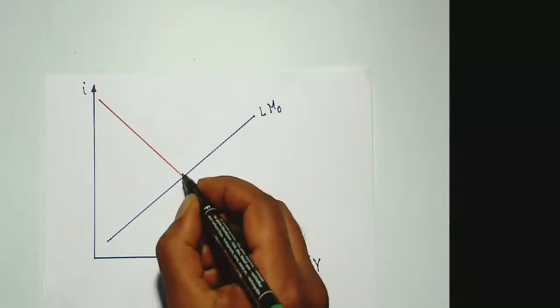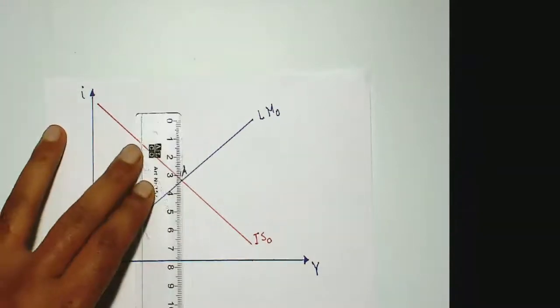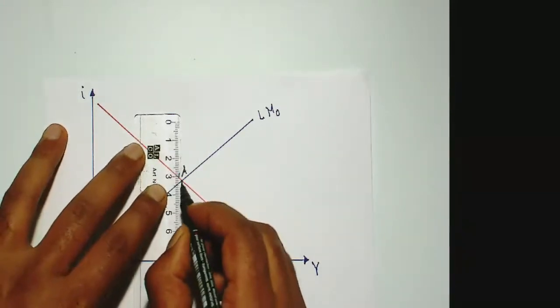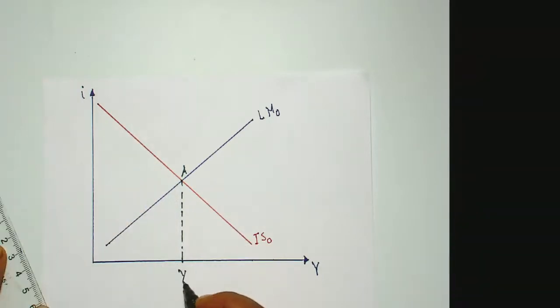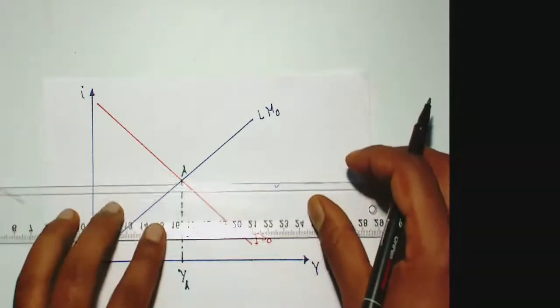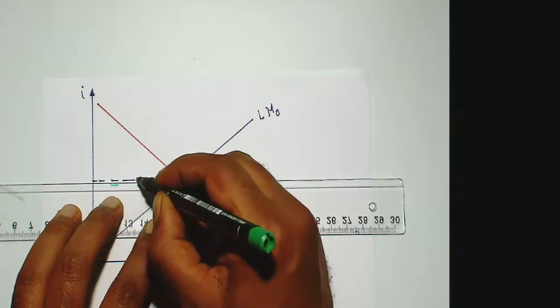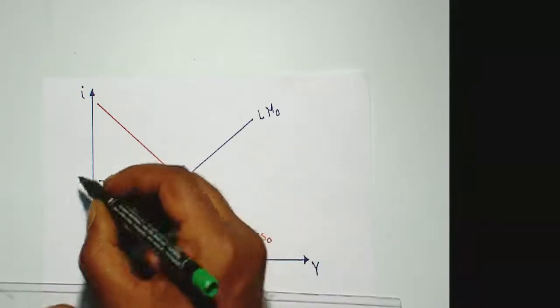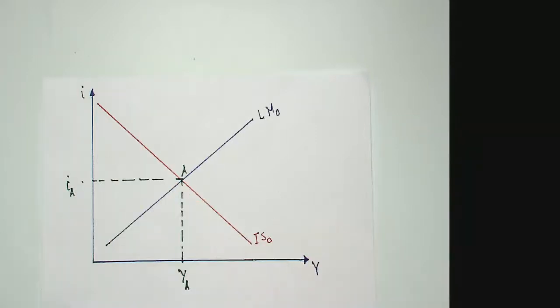In our initial equilibrium point A, we have an income level of YA, as indicated also in the previous cases. We would have an initial level of income YA and an initial level of interest rate IA.